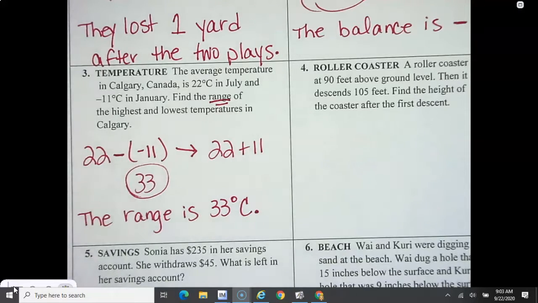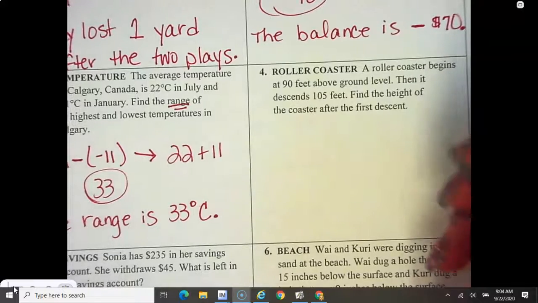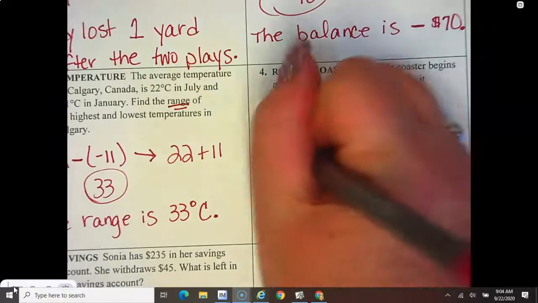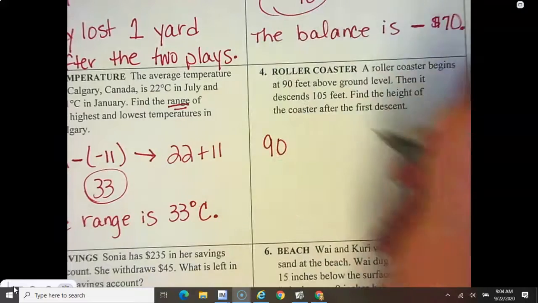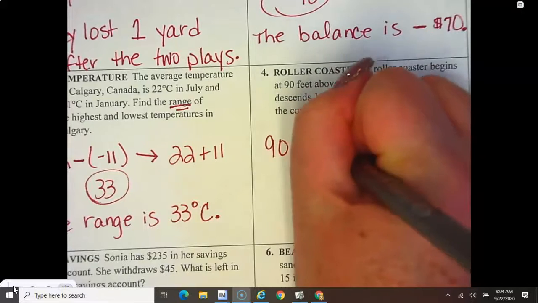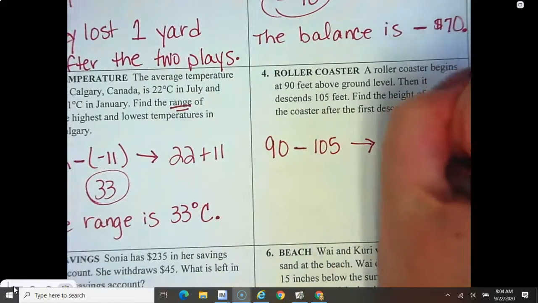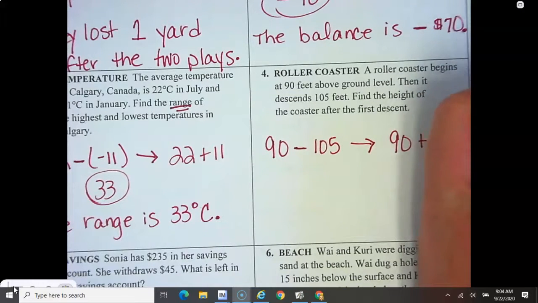A roller coaster begins at 90 feet above ground level. Then it descends 105 feet. Find the height of the coaster after the first descent. So 90 feet above ground, is that positive or negative? Positive. Then it descends. That's a negative or a minus 105 feet. Or we can write that as 90 plus negative 105.